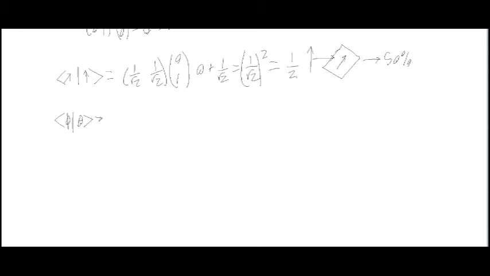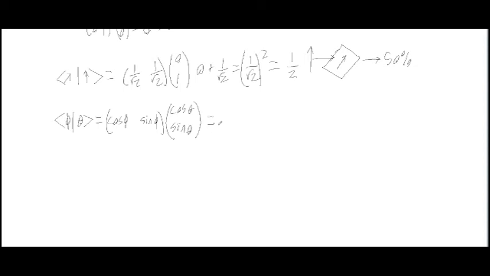So then we have the cosine of phi and the sine of phi as the elements of our row vector here. Then we have the cosine of theta and the sine of theta as the elements of our column vector here.